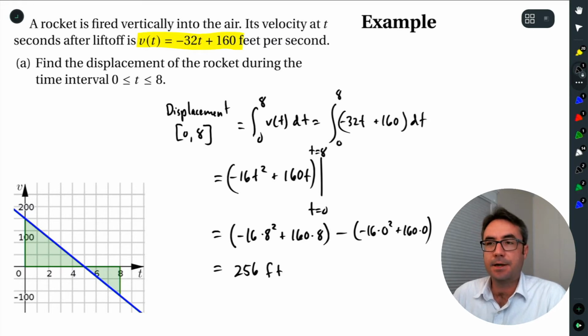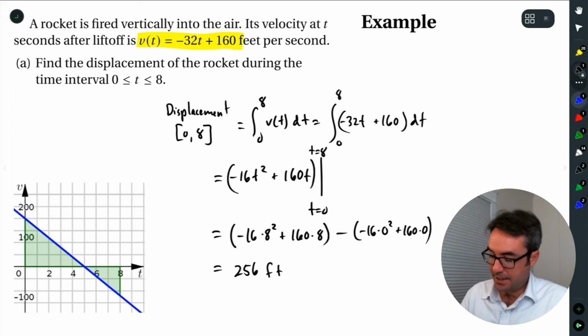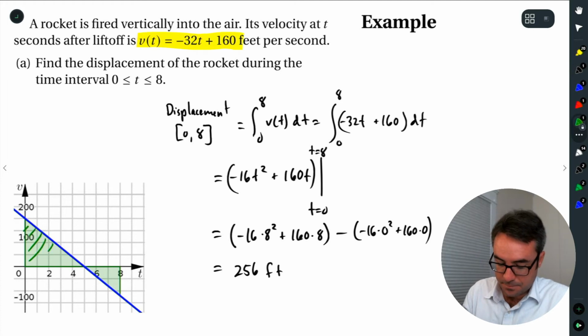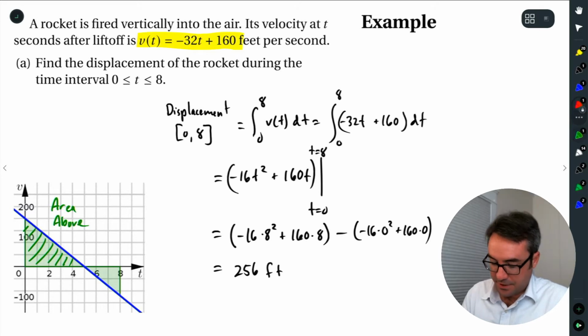All right, so what this quantity represents, if we're thinking of it in terms of the graph here, is this region, this area above, and then this other region over here, which is below.